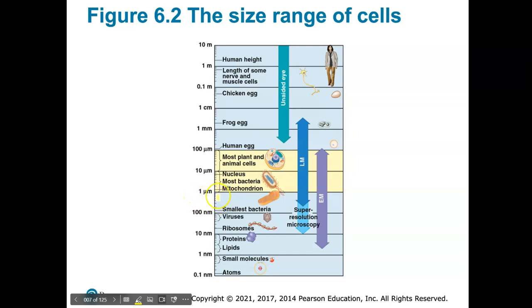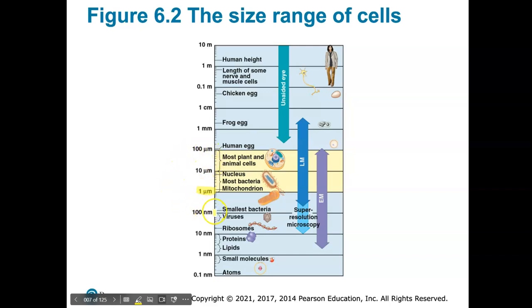So let's just say that bacteria are about, because I like using the same units, so let's say a large bacteria is 1 micrometer, okay? And then most plant and animal cells are going to be up to 100 micrometers, between 10 and 100 micrometers. So that's going to be 10 times or 100 times bigger.